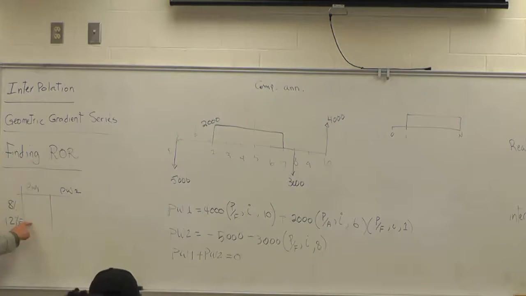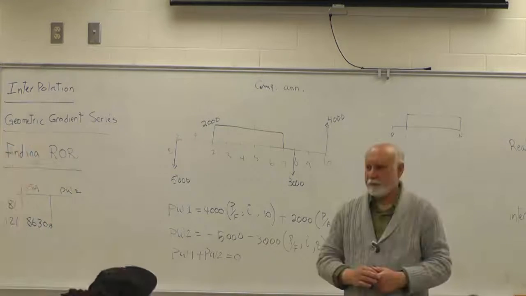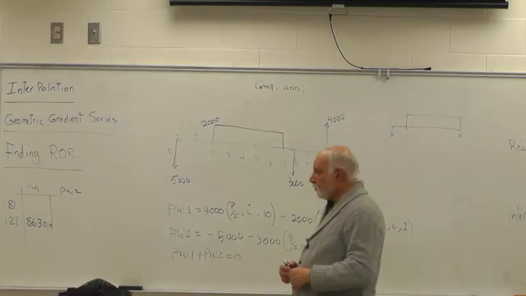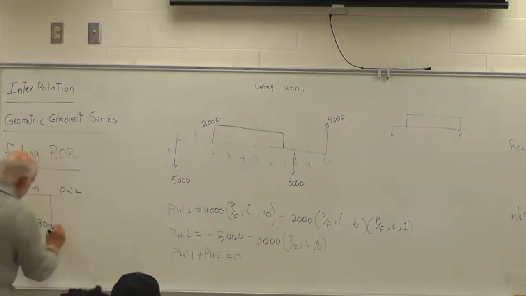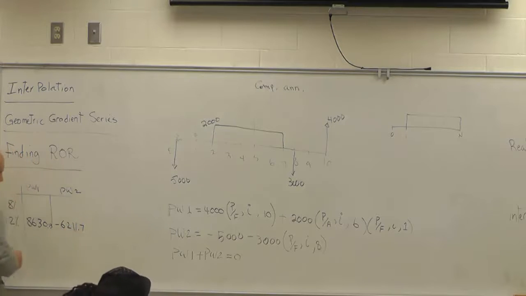What is PW1? 8,630 something, 0.13. You got the other one too? For 12%, negative 6,211.7.